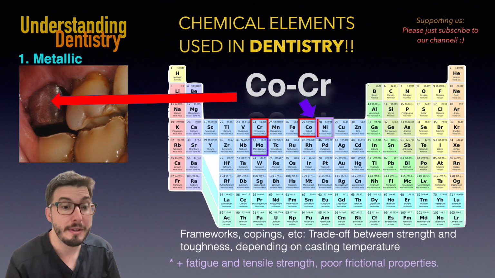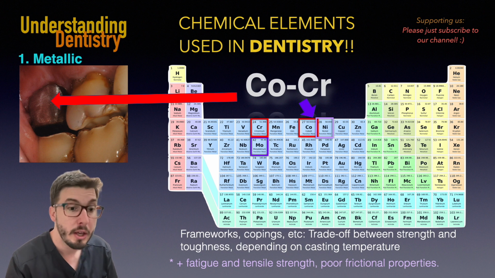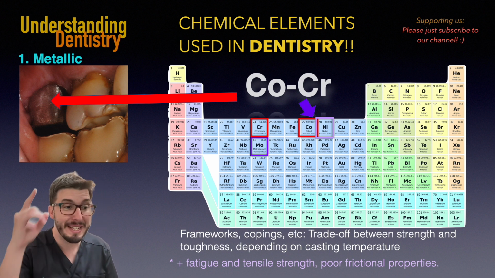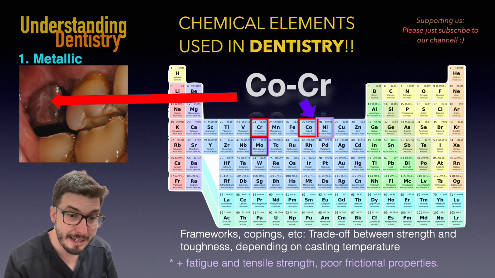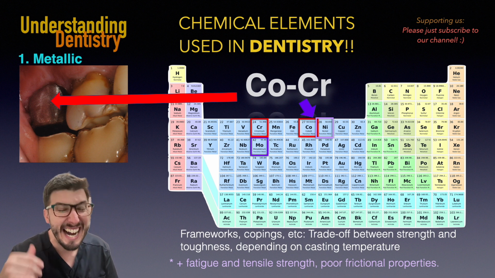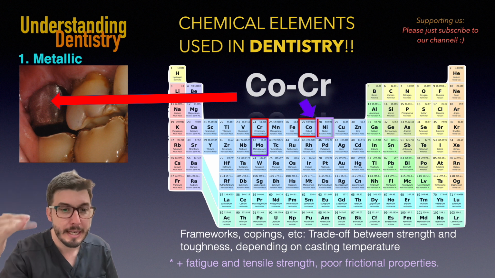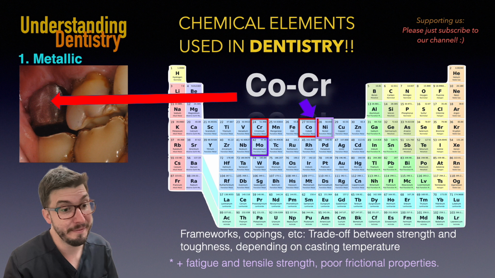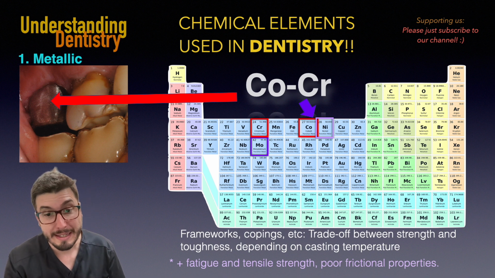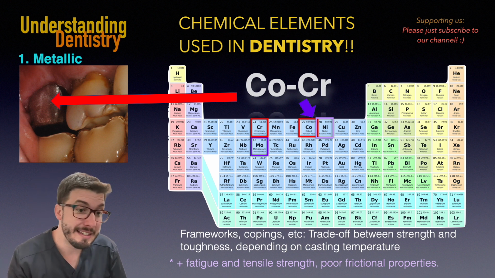Cobalt chrome, one of the most important materials used for frameworks, for copings like this one over here. There is a trade-off between strength and toughness, because if they are made at very high temperature by the laboratories, then they lose strength, but they become less brittle, okay, which is nice. So there is a trade-off depending on the casting temperature.